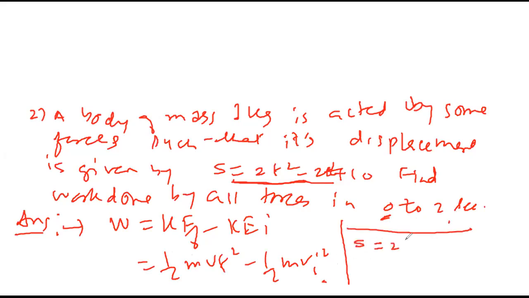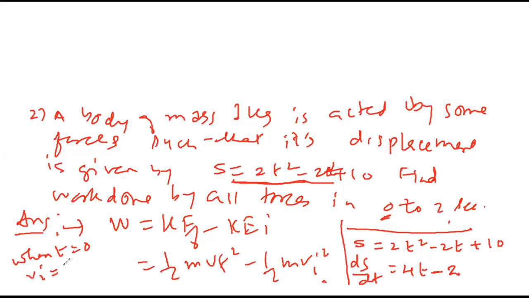S is 2t square minus 2t plus 10. The rate of change of displacement is 4t minus 2. So when t is 0, initial velocity becomes 4 into 0 minus 2, which is minus 2. Similarly, you can find final, then substitute in this formula.